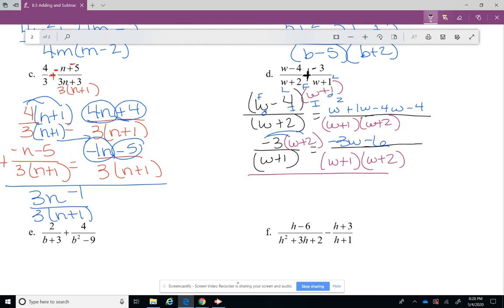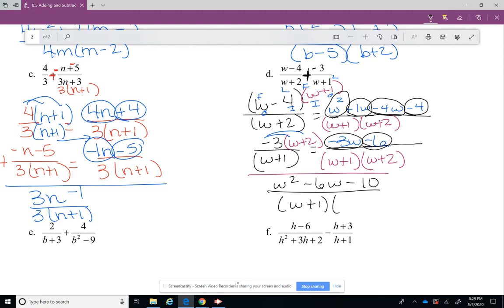All right, so now we're going to combine like terms. We have W squared. We have 1W minus 4W is negative 3W. And that negative 3W plus this negative 3W is going to give us negative 6W. And then negative 4 minus 6 is going to be negative 10, all over W plus 1 times W plus 2.